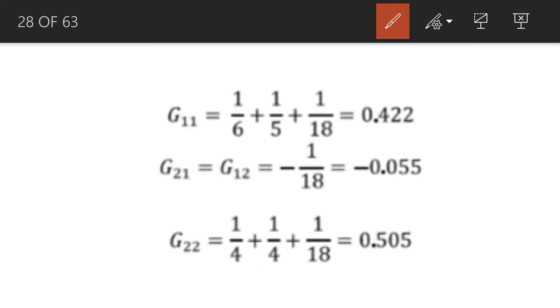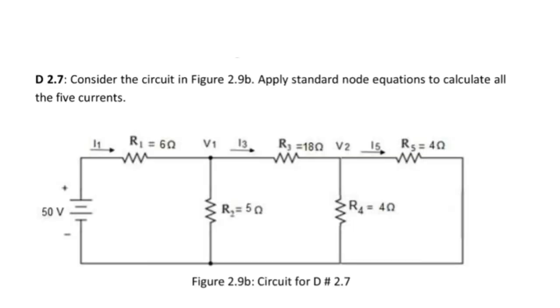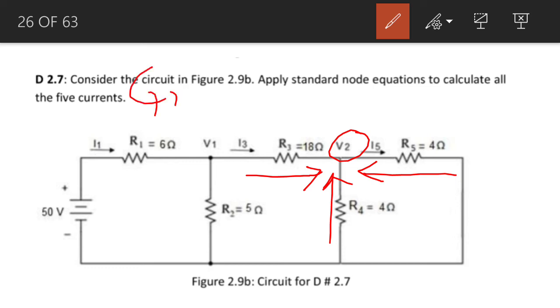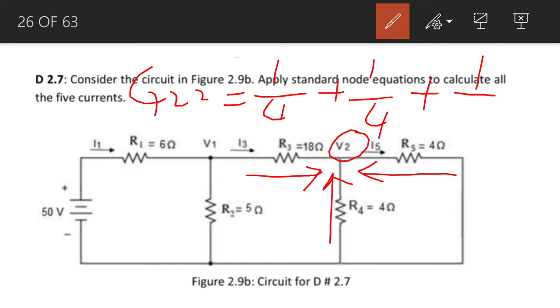So let us consider these resistors in the circuit diagram. You see, here is the second node. The resistors of 18 ohm, 4 ohm, and 4 ohm have been connected to the second node. So G22 will be equal to 1 by 4 plus 1 by 4 plus 1 by 18.